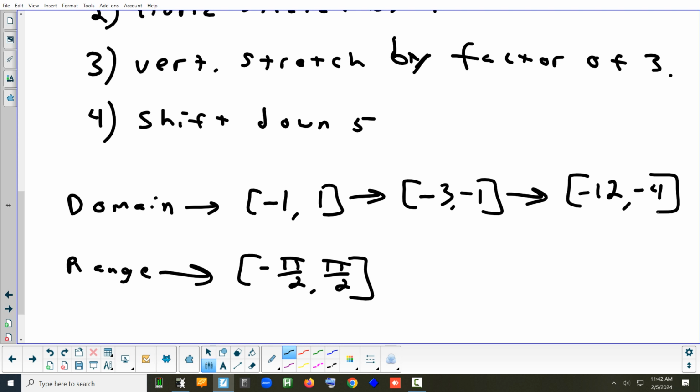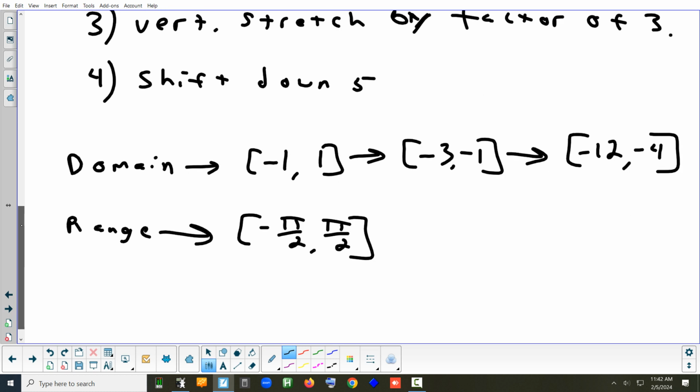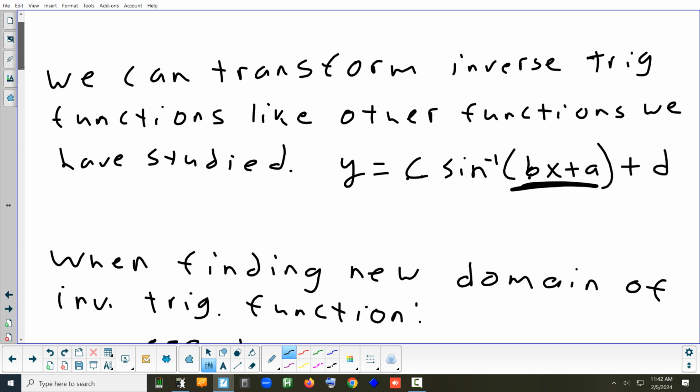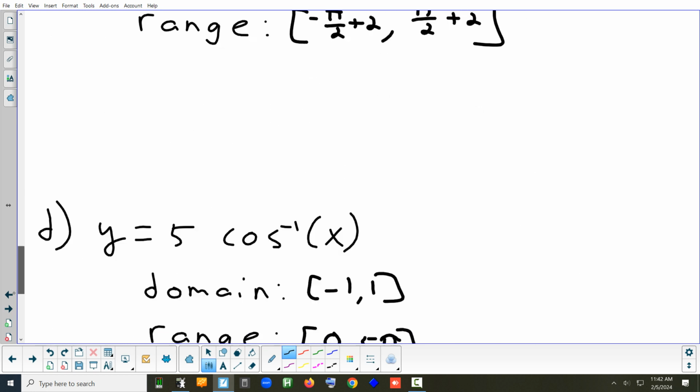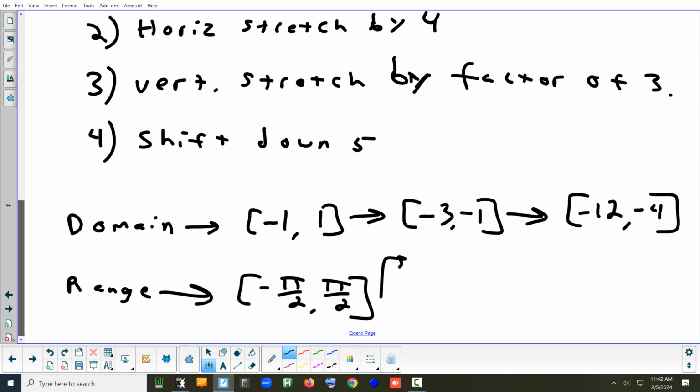Now let's do the y min and max. Stretch by 3. So it's going to go -3 pi over 2 to 3 pi over 2.